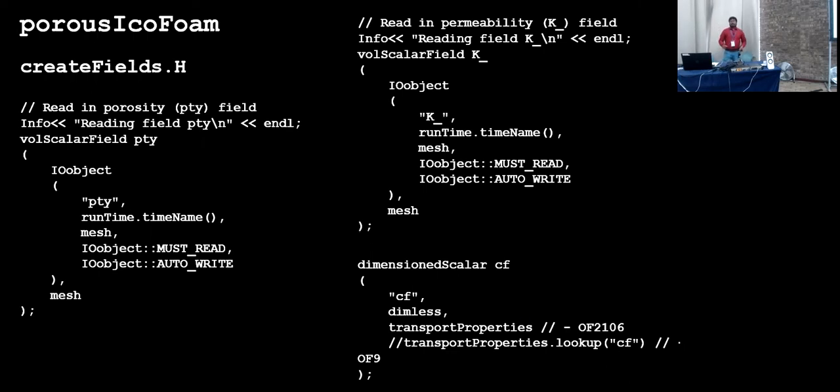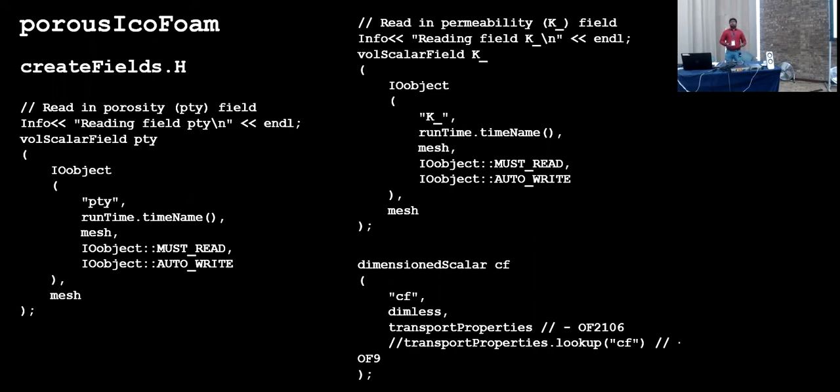This is a very simple modification of the code, so I won't spend much time on it. For the stationary body, we took the basic scalar transport form, or basic icoFoam, and modified the governing equation and coded it, and we named it porousIcoFoam.